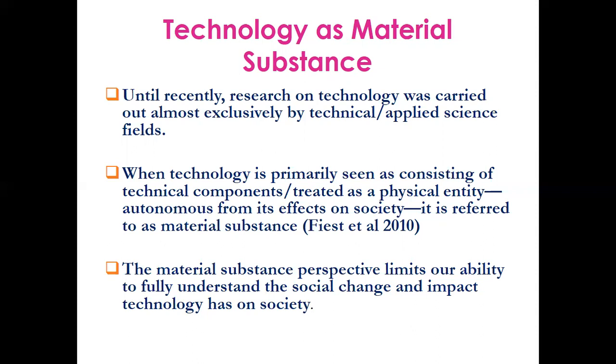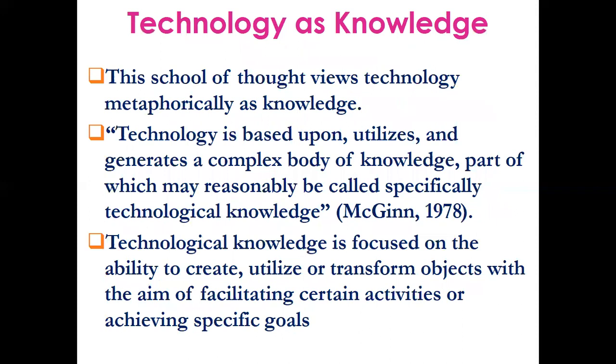They just saw it as technical components, just some tool that is not associated to society, just a tool standing on its own. Its definition did not include the effects of society or vice versa. The material substance perspective limits our ability to fully understand the social change and impact technology has on society, obviously.